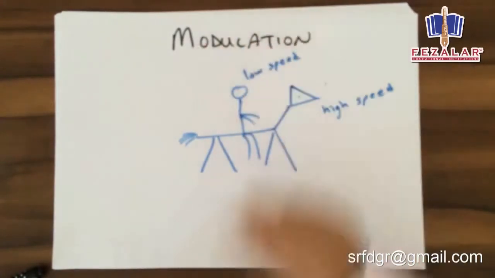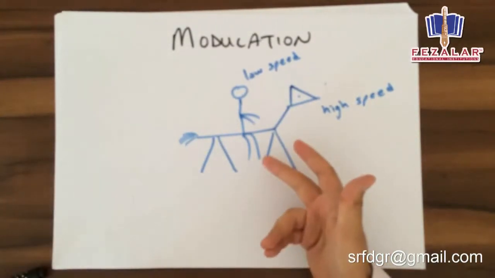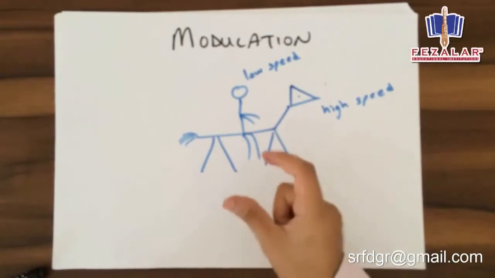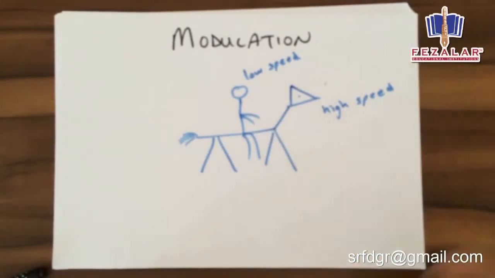Modulation is the same thing. For example, when you speak to a microphone, audio waves are produced, and these audio waves have low frequency and they cannot travel over long distances. So they need a vehicle. What will happen?